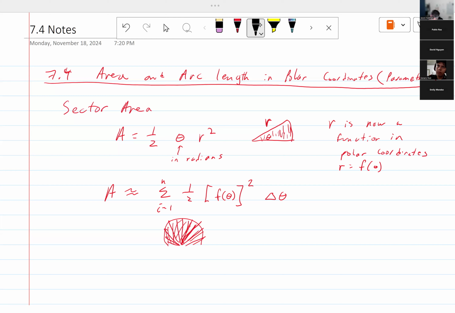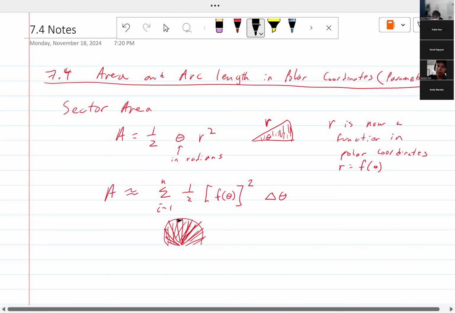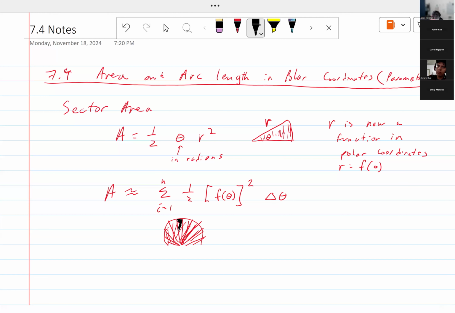So if I took, say, this guy here as one sector, that's one piece of the total area. And the arc could be anything.